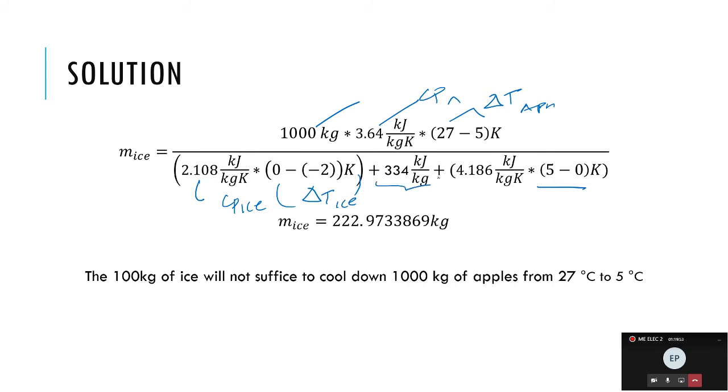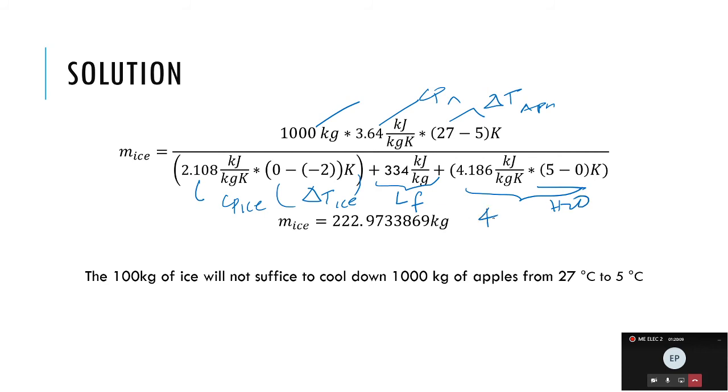Nung naging tubig na siya, class, nag-release siya ng energy. Anong tawag doon? Latent heat of fusion, 334 or 335. Ngayon, ito naman, ang involved dito ay yung CP delta T ng water.